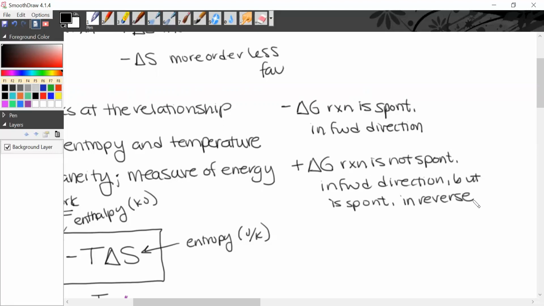It's just telling you which direction this reaction is going to proceed. Kind of like equilibrium, right? Remember when Q is greater than K, we're like, oh, the reaction's going to go this way or that way.